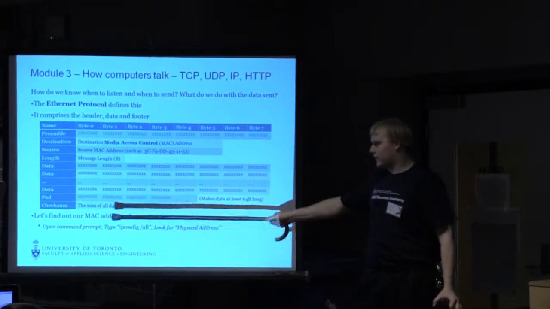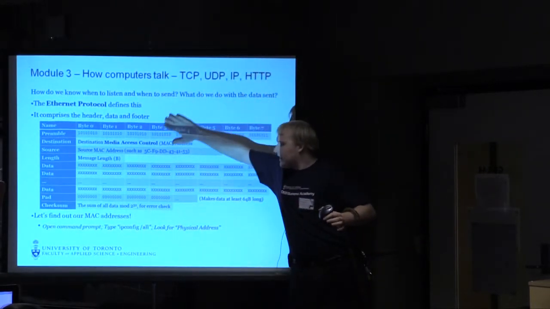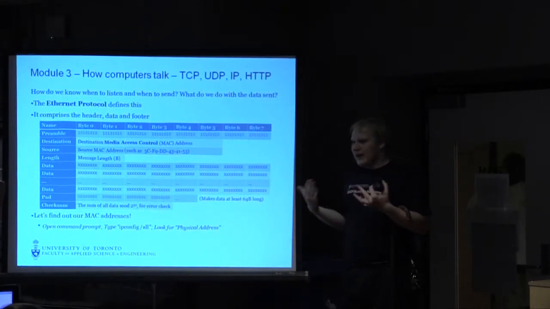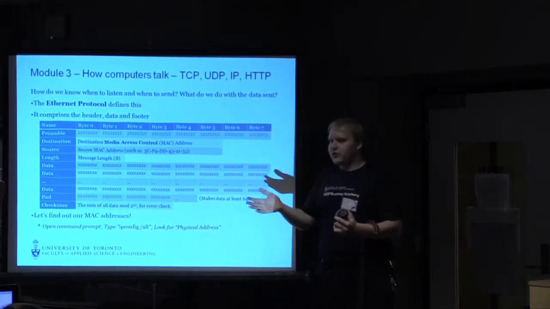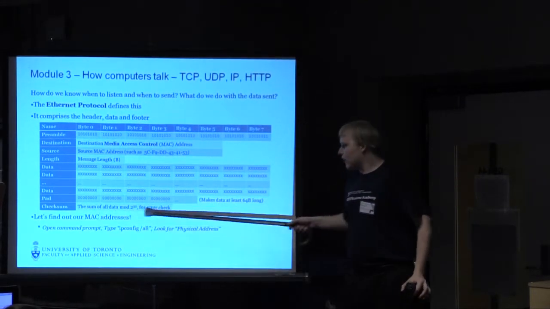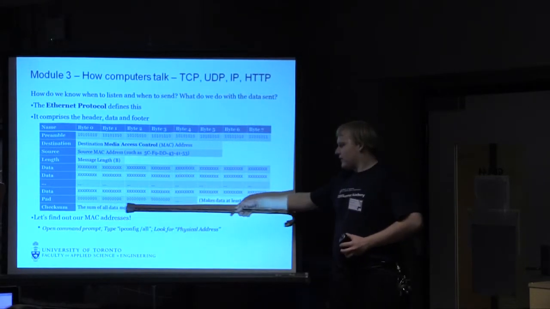The last thing we do is a checksum. What a checksum does is it adds up all the data in here, right? If we add it up, it's going to give a very big number, so it throws away the last couple bytes and just takes 4 bytes from that sum. Those 4 bytes should be the sum of this.